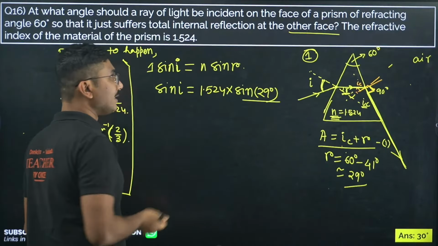If this lens is cut into half, what will be the focal length? If you cut it into half like this, the focal length will be just double. If you cut it like this, the focal length does not change. If you cut it like this along the axis, the focal length will be doubled.